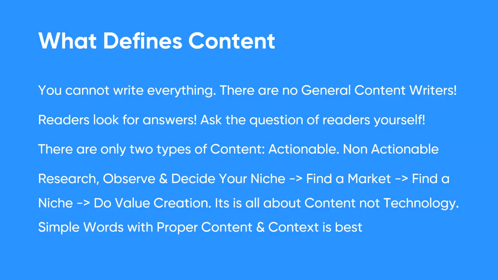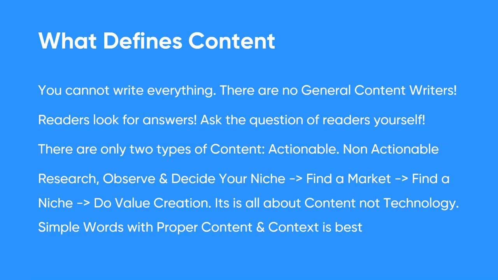So that is the reason you cannot write everything. First you have to start with one specific market. That means, I am interested in cooking, so let us start writing cooking articles. Or I am interested in photography, let me write about photography. Or I am interested in medical, let me write some medical related articles.